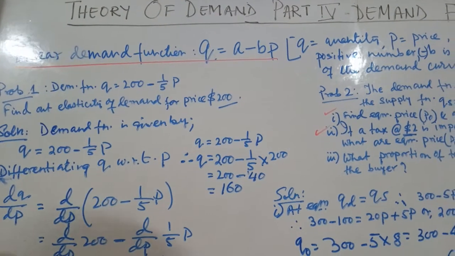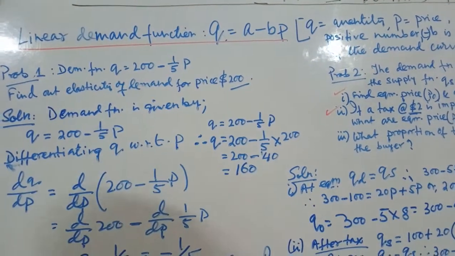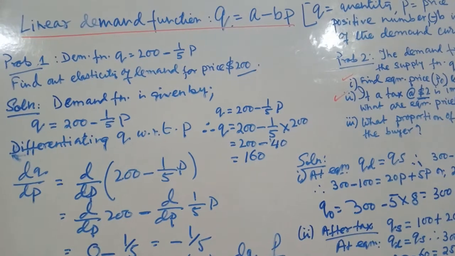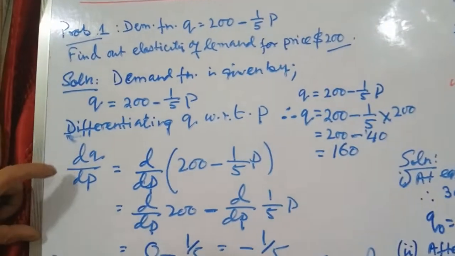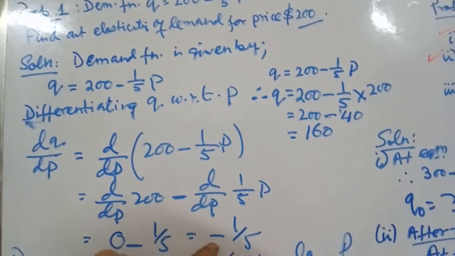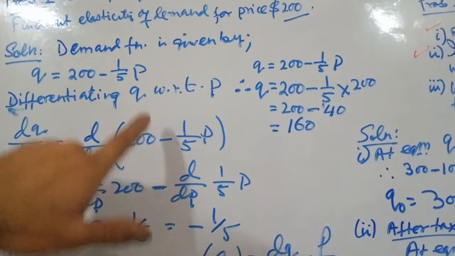So we have differentiated Q with respect to P to find out dQ/dP, that is minus 1/5. We have differentiated here.